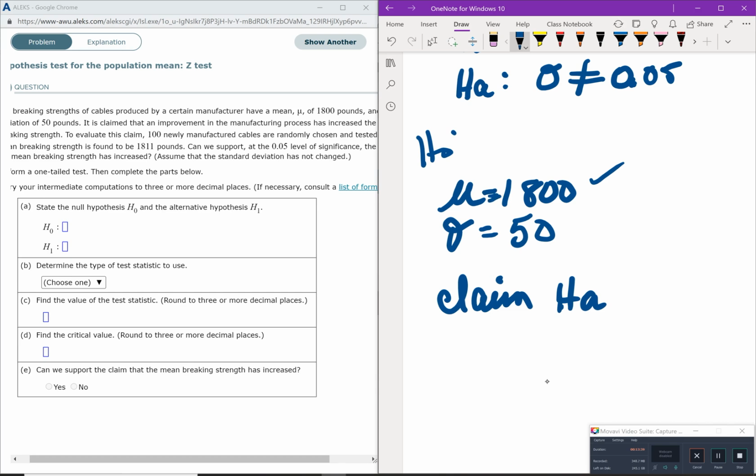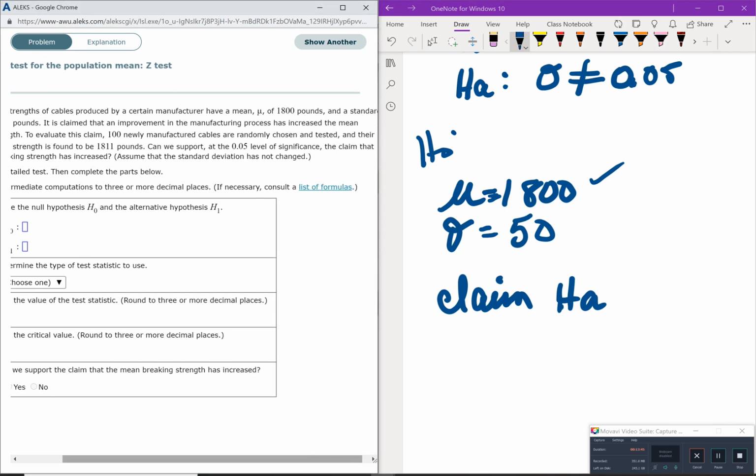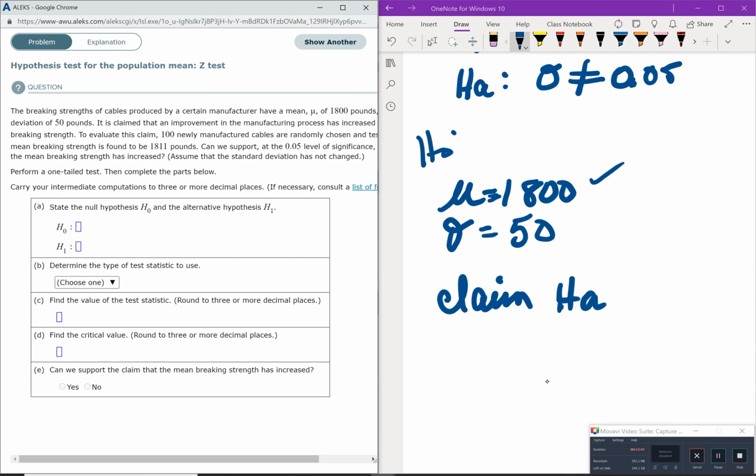So it is claimed that an improvement in the manufacturing process has increased the mean breaking strength. To evaluate this claim, 100 newly manufactured cables are randomly chosen, and they test the mean strength to find that it's 1,811.